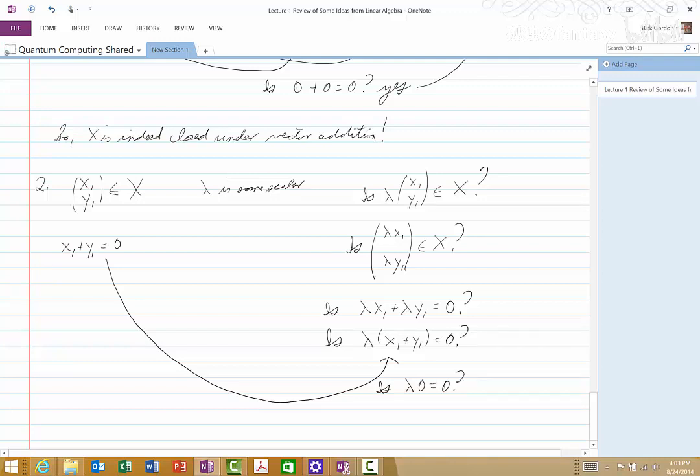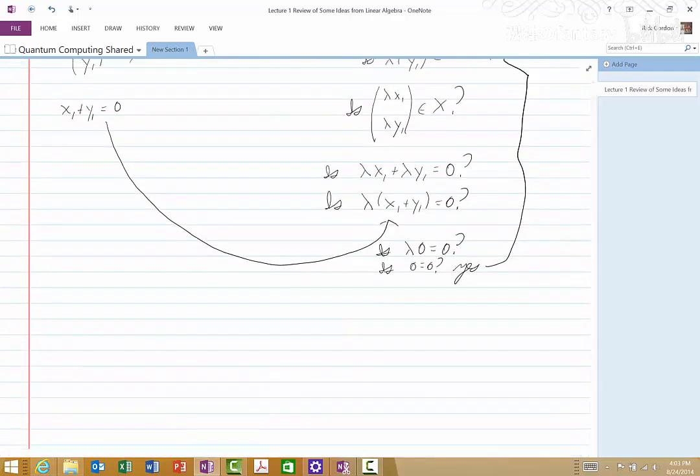And of course, any number times 0 is in fact 0. So is 0 equal to 0? And of course, the answer is yes. And so the answer to this is yes. And so X is also closed under scalar multiplication.